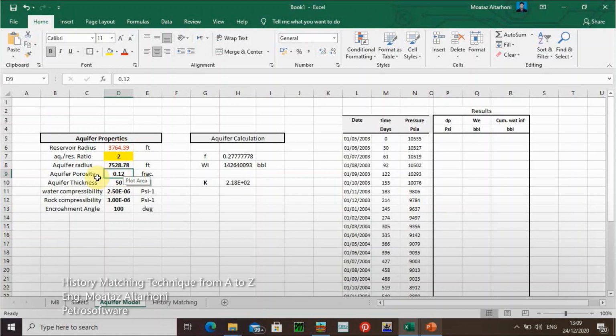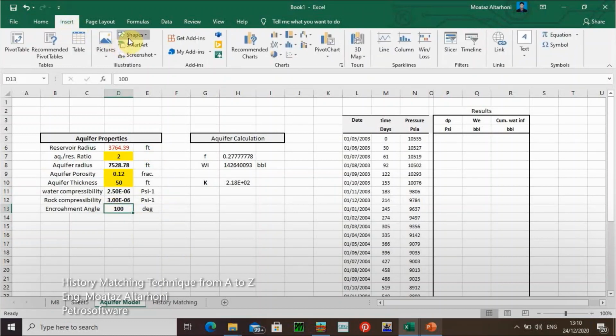Here I assume the aquifer porosity, because I don't have any information about the aquifer porosity, and the thickness of the aquifer I also don't know, but I assume it. I assume this number and this number, and also the water influx and rock compressibility will be assumed, and the encroachment angle is 100 degrees.